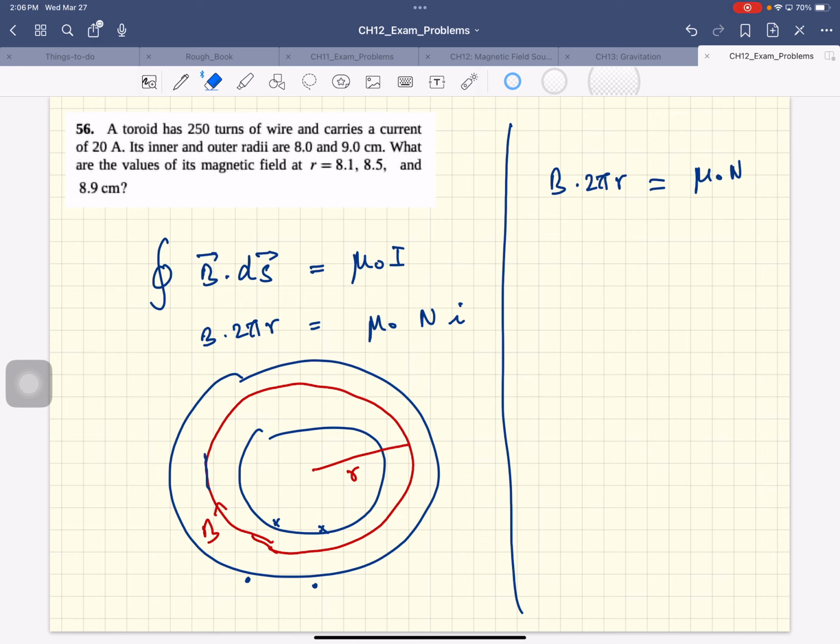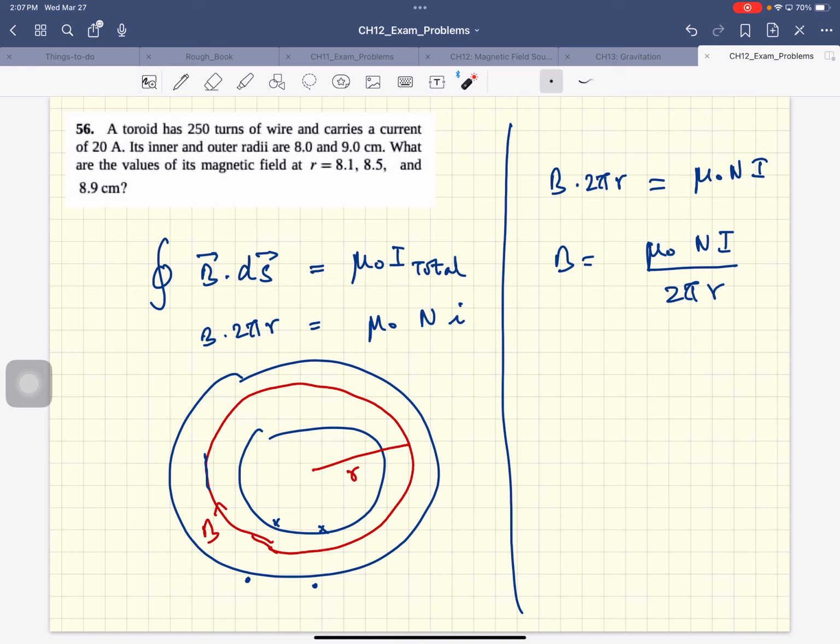Well, what I'll do is I'll call this total N times I. So B is mu naught N times I divided by 2 pi r. Okay, so what is this? The strength of the magnetic field. As r increases, the field is strongest on the inner walls of the toroid, and it's weakest on the outer walls of the toroid. Okay?